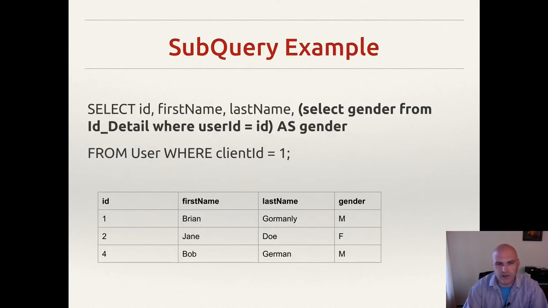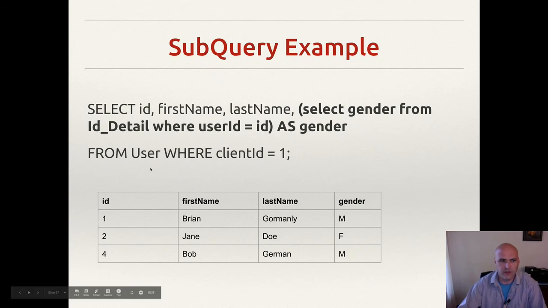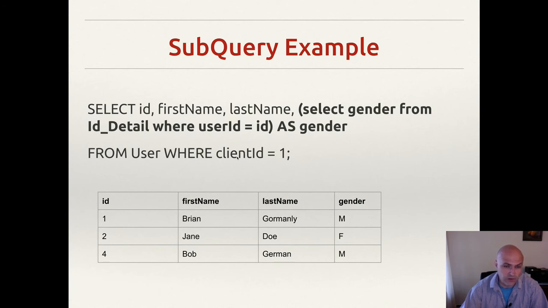So let's dive in. We're going to take the first example here, which is the subquery in the select. So here I'm using my user relation again. I'm going to try to do it in the order the machine does, right? So I'm down here. I have from user, and I'm going to use a selection of client ID 1. We were using that before, right?